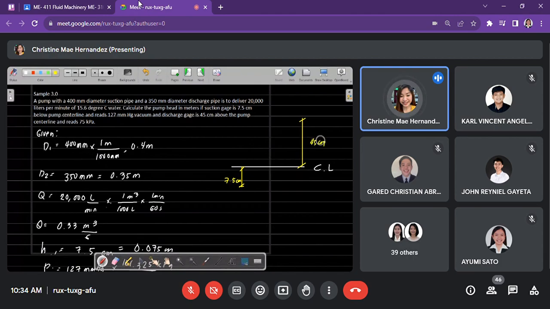So, nandito yung ating pump. Nandito yung ating suction gauge, and yung ating discharge gauge. Then, meron daw tayong diameter ng suction pipe which is 400 mm.